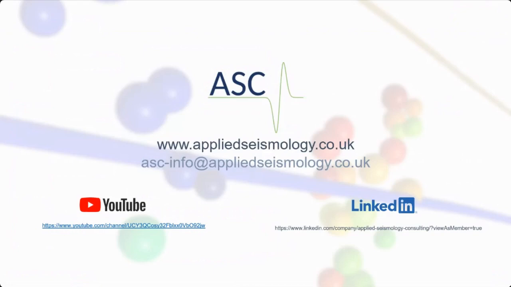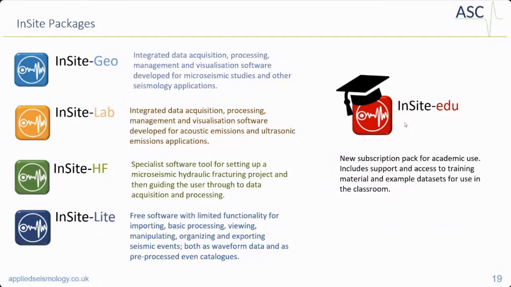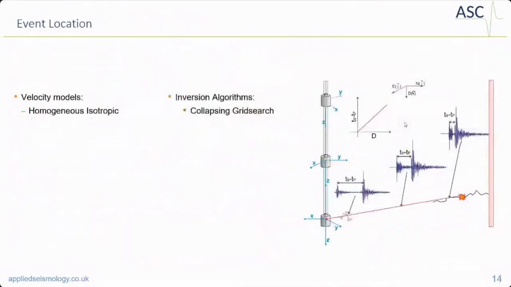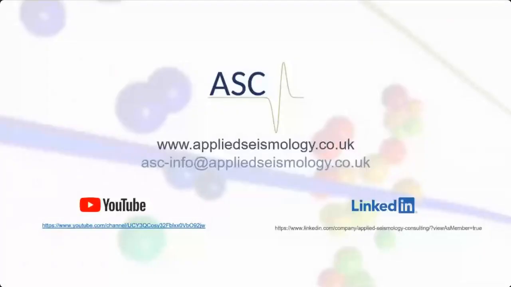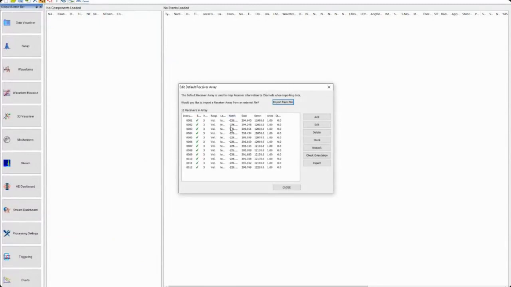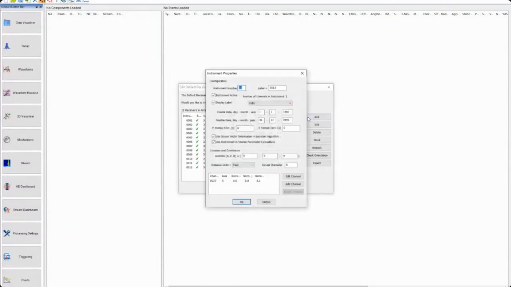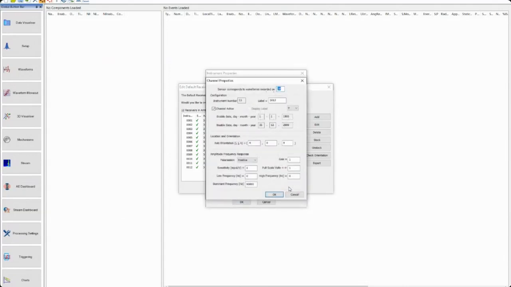All right. Well, it's more than physical. It's more like a computational issue in InSite. I'm going to open InSite and show you. When we are setting up our stations, our channels, we've got the capability to add up to 4 channels per station, per sensor.